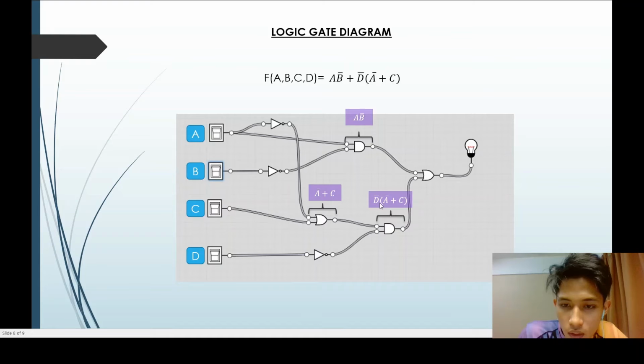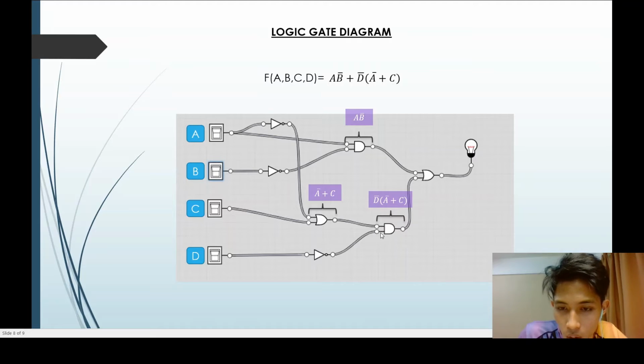So next one is this one with D. This one is D bar times the bracket A bar plus C. So times here refers to the AND gate. This is the shape for the AND gate. For the AND gate, there are two legs to input. The first one is D bar. You can see here this bar.